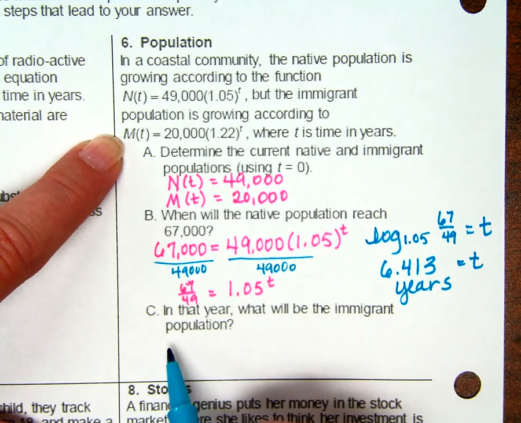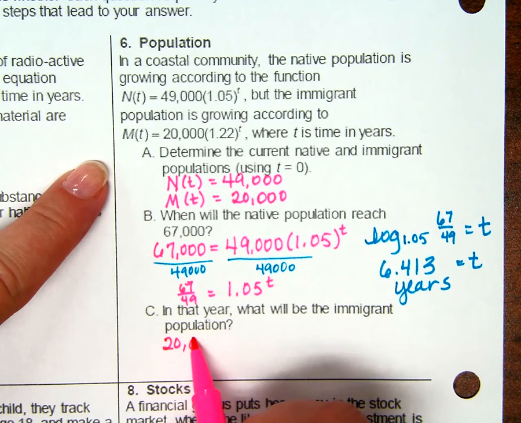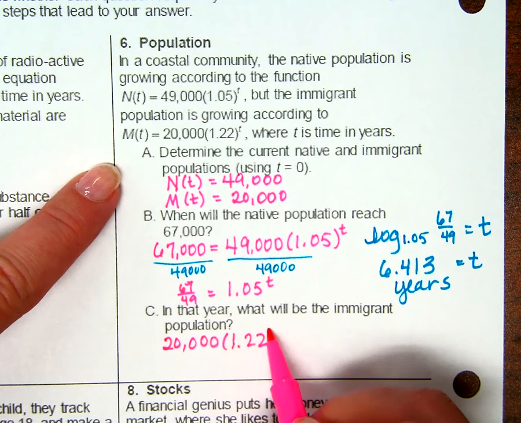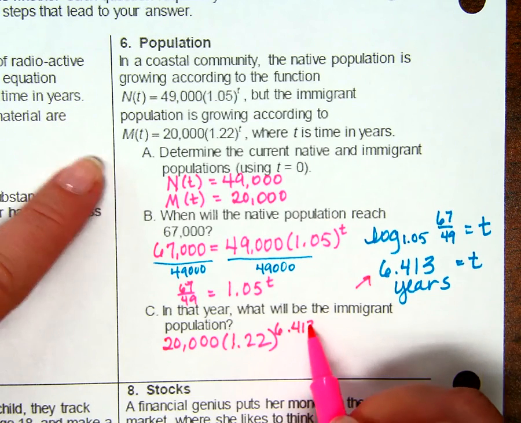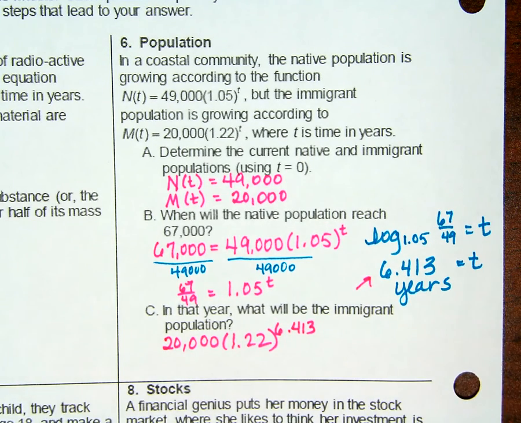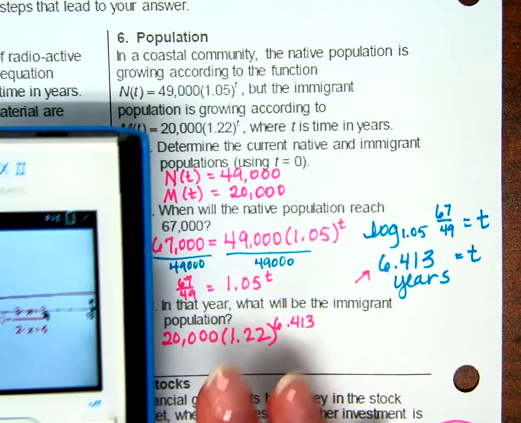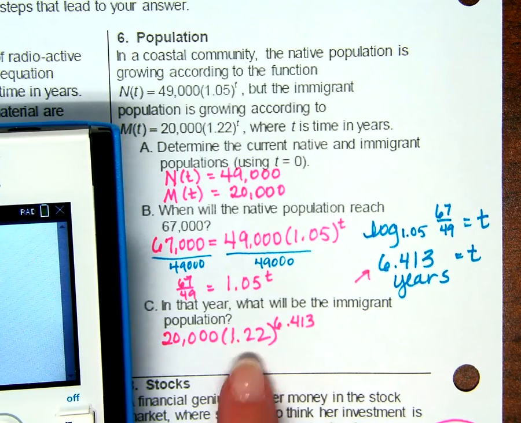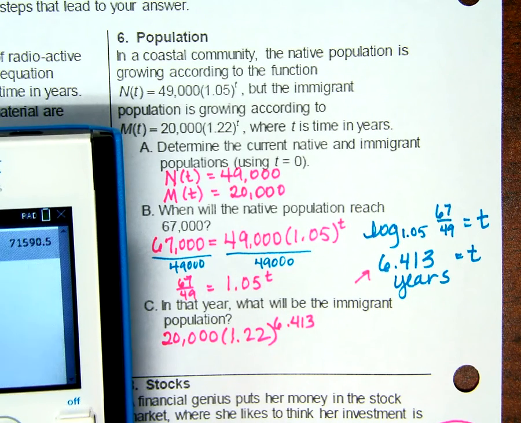So we're going to say 20,000 times 1.22 to what power? That one, right? 6.413. So 20,000 times 1.22 raised to the 6.413 power.